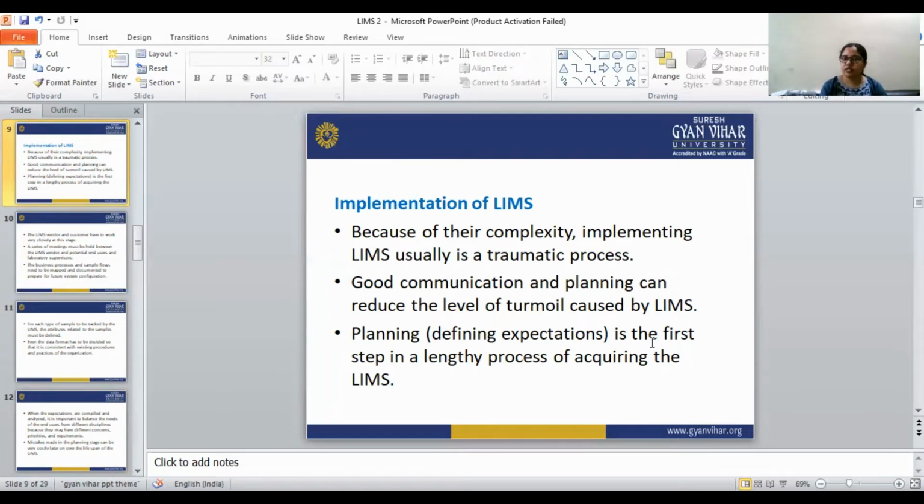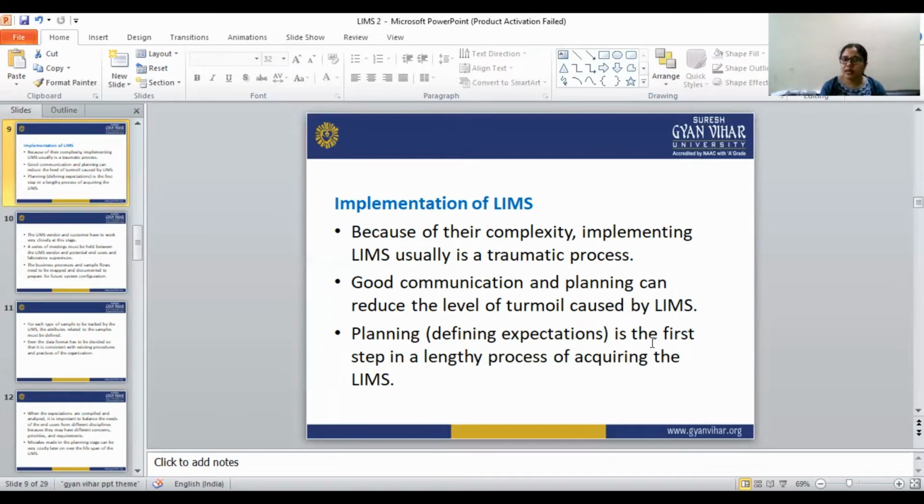Because of this complexity, implementing LIMS is a very tough process. So to avoid the turmoil caused by the LIMS, the vendor and the customer have to communicate and plan all the things.